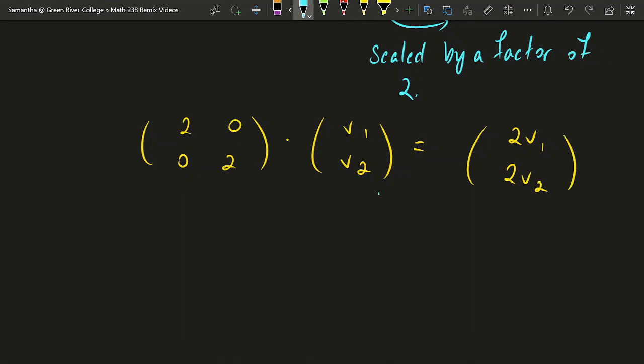So basically, no matter what vector you start with, this matrix will have a consistent effect of causing the vector to become twice as long as it was before.